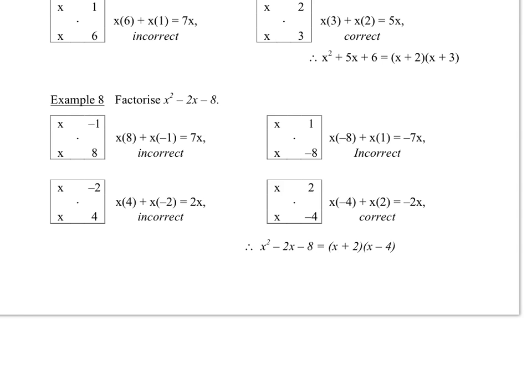You can see that these, negative 1 and 8, don't work because they add up to 7x. Negative 2 and 4 add up to 2x. That's no good. The only one that works, two numbers that multiply to give negative 8 and add to give negative 2, it's these ones here. Right, so this would be the correct factorization.